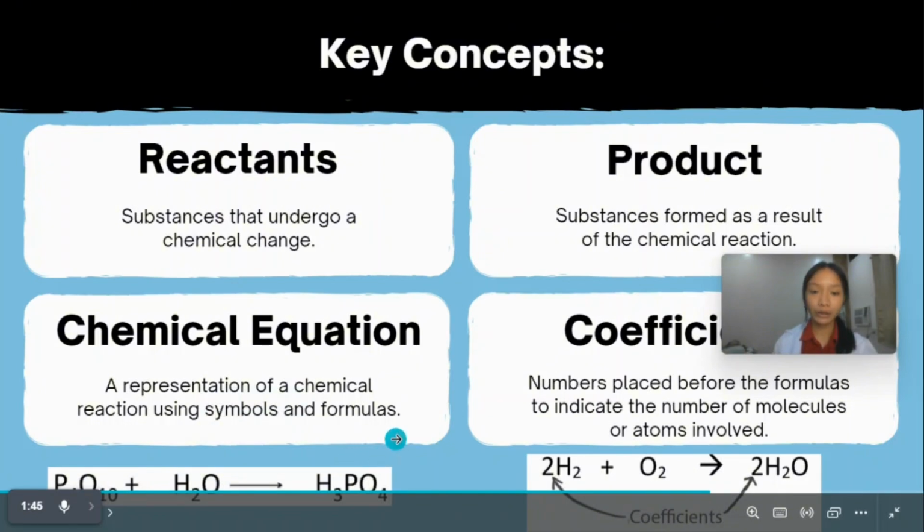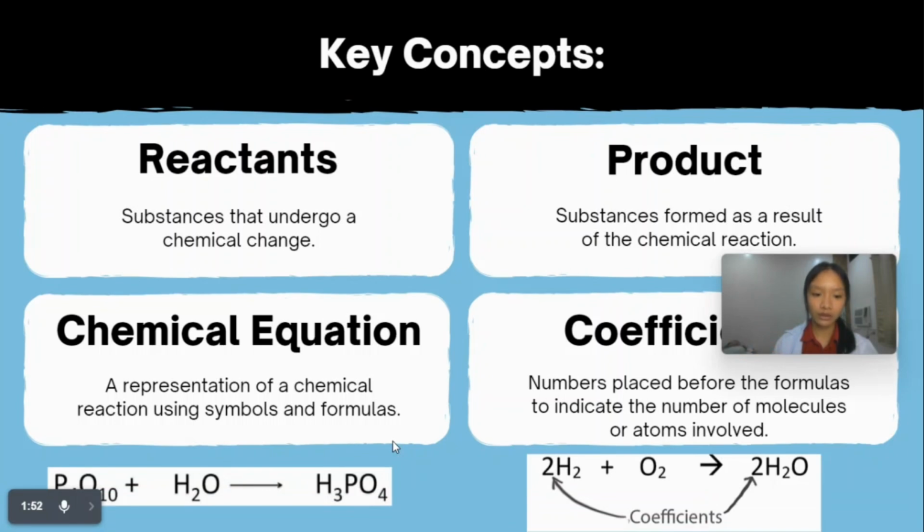It is important to remember that reactants are always located on the left side of the equation, while products are on the right-hand side. This simple convention helps to clearly identify the substances involved in the chemical reaction.